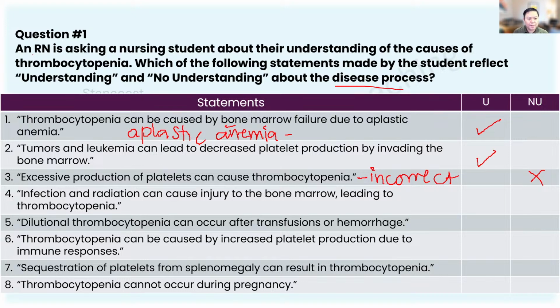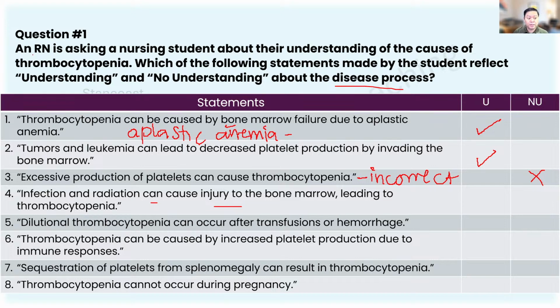Now, what about number 4? Infection and radiation can cause injury to the bone marrow, leading to thrombocytopenia. Let me reread: infection and radiation can cause injury to the bone marrow, leading to thrombocytopenia. Remember what I said earlier about the radiation exposure?